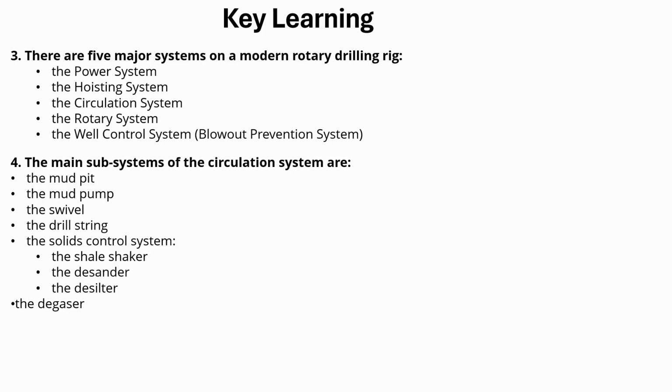The slide also introduces major drilling fluid types, including water-based mud, oil-based mud, foams, and air. This is a very important consolidation slide because it links equipment to drilling fluid behavior.